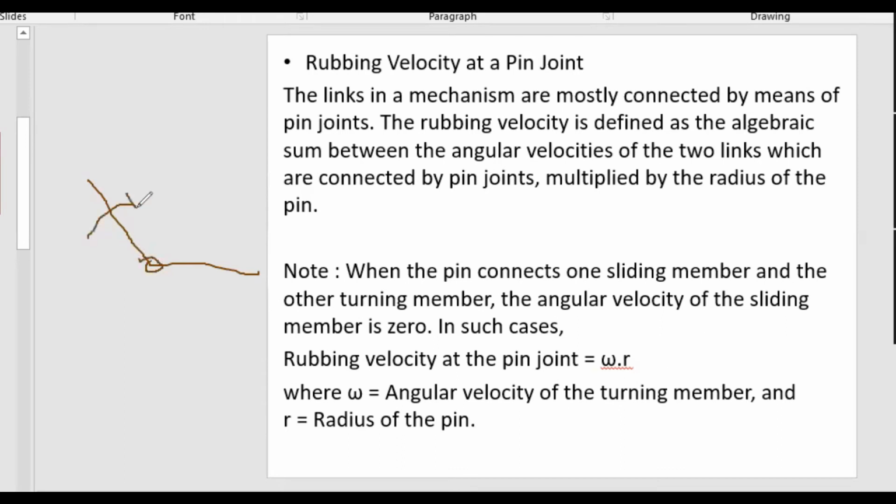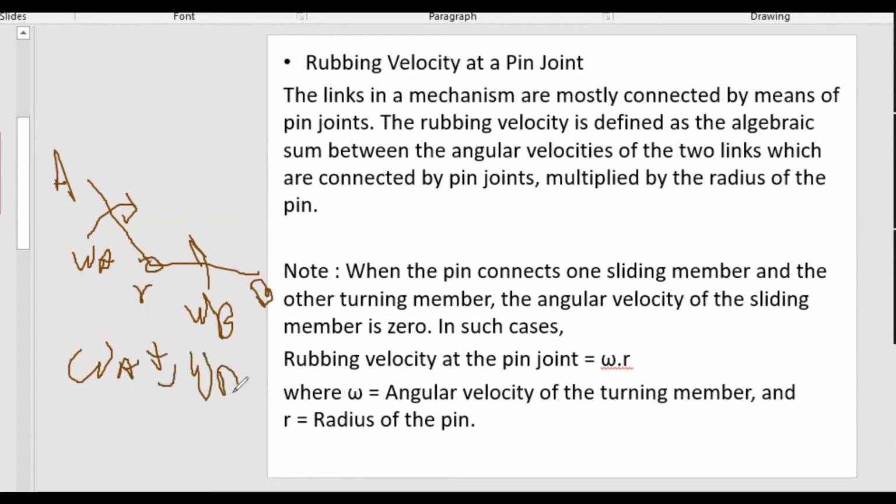If I have this as A and this as B, this is moving with omega A and this is moving with omega B, and the radius of this pin is R. Algebraic sum means if both are moving, we will have either omega A plus or minus omega B, into this pin radius R. I will say what is plus and what is minus.